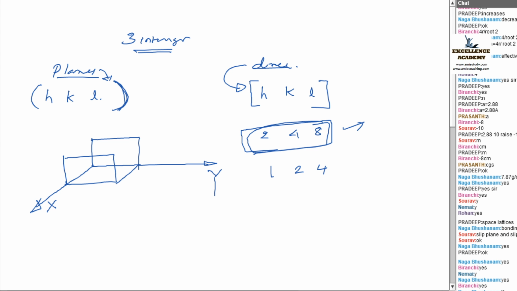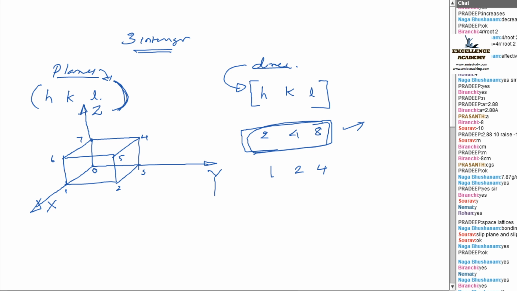In other textbooks, different notations are given, but we are following this one. So it is better you follow this notation. Okay, this is Z. Fine. And I am going to name the coordinates. This is the origin. Okay, 1, 2, 3, 4, 5, 6, and 7.